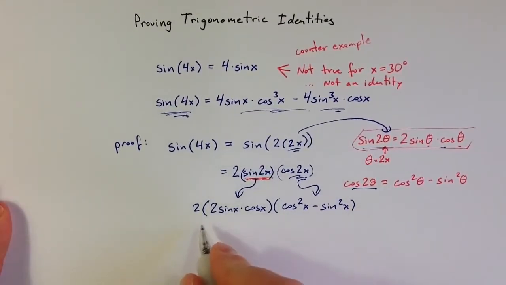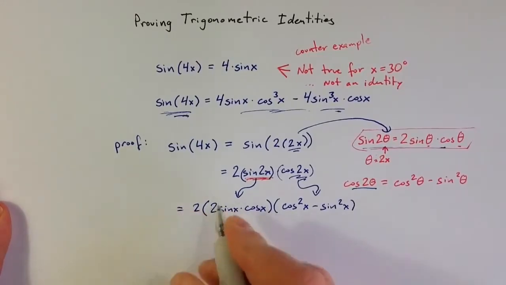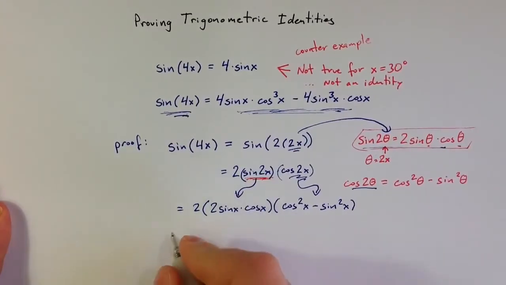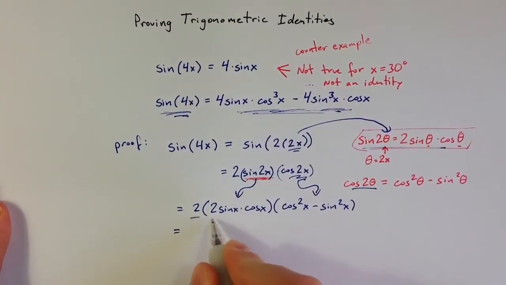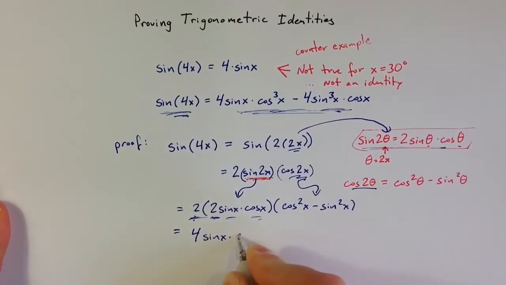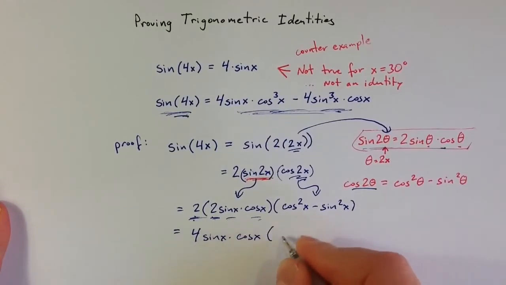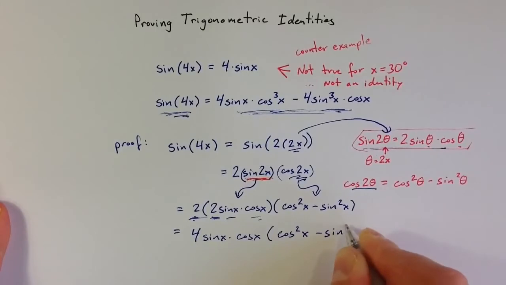Well, I can simplify this a little bit more, and it turns out that we will see the right-hand side in just a moment. First, let me mention that this is just a bunch of stuff multiplied together. These are just 4 factors. To combine them, I can do 2 times 2 to get 4, and then that 4 is multiplied by sine of x and cosine of x. So that just simplifies that first part. That is still all multiplied by cosine squared x minus sine squared x.